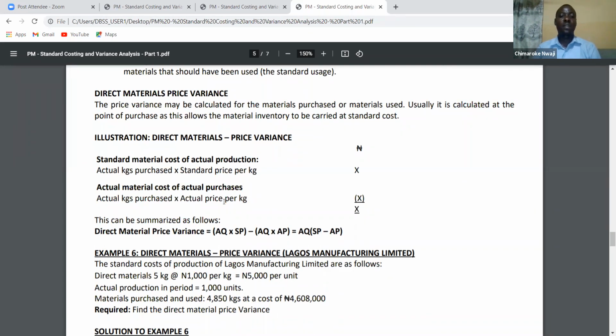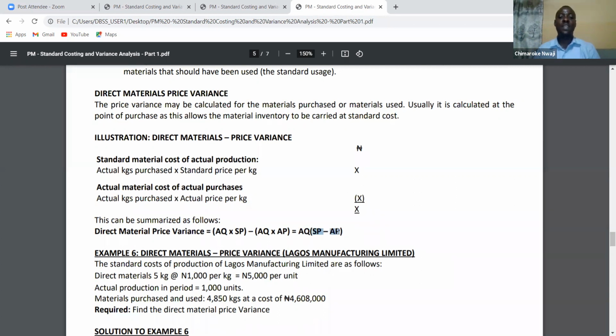So that's it. If you look at this formula method, in each side of the equation, each side of the parenthesis, there is something common. Actual quantity is common in both. So when you take out the actual quantity, you can see clearly that you are comparing price.